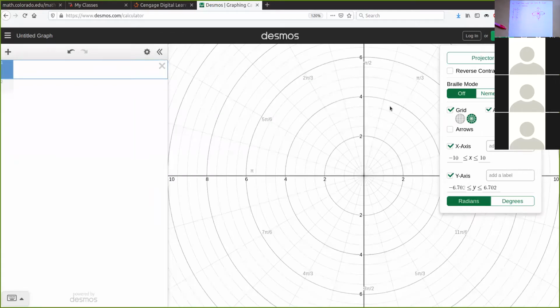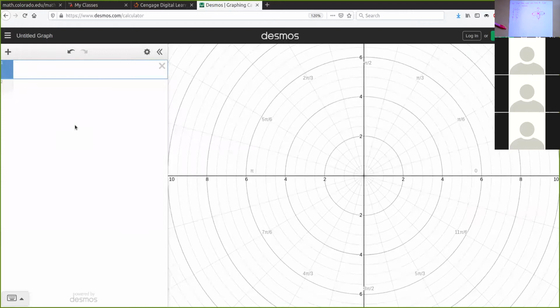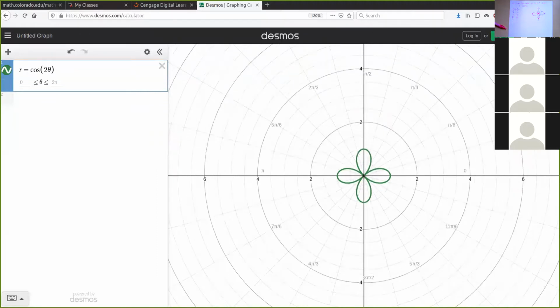You guys can all see this, right? And then you can always keep it in radians unless we specify degrees. You can always type in the function over here. So r is equal to, what do we have? Cosine of 2 theta. And you can see the graph there.